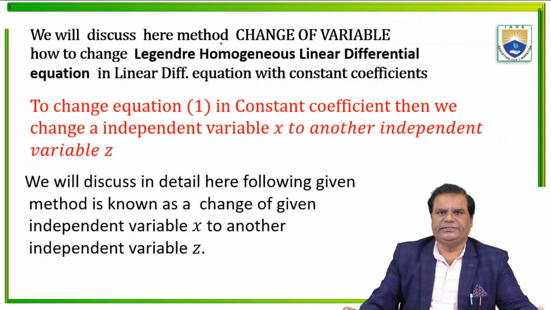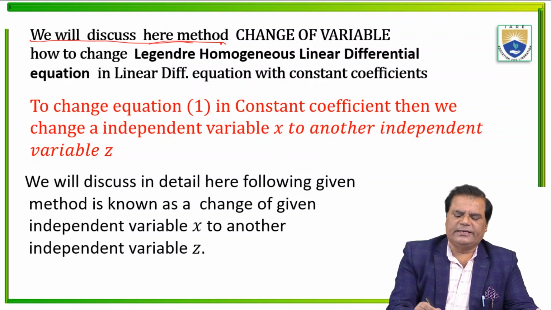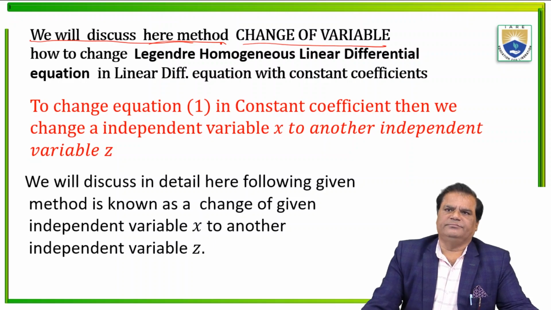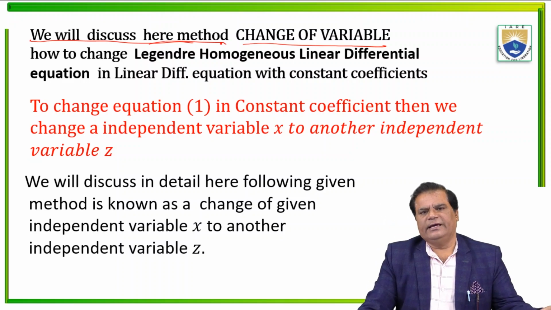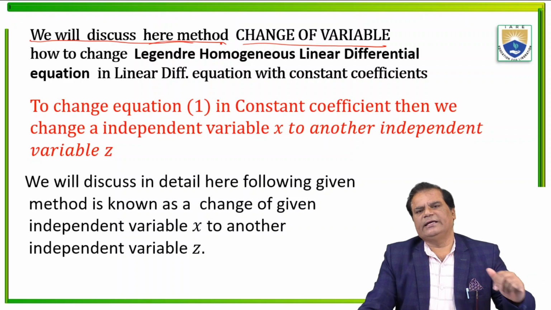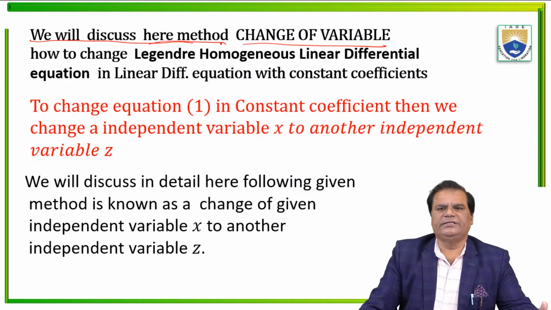So how can we change it here? We will discuss the method of change of variable. If in our equation the variable x is given, then we can change the independent variable x into another independent variable z, t, or any other variable.